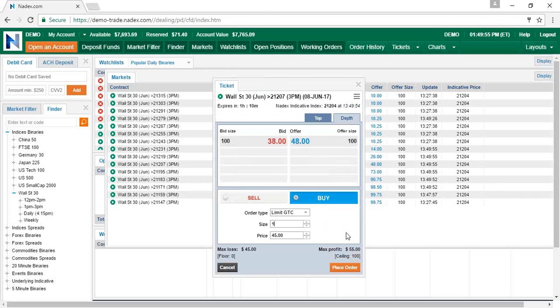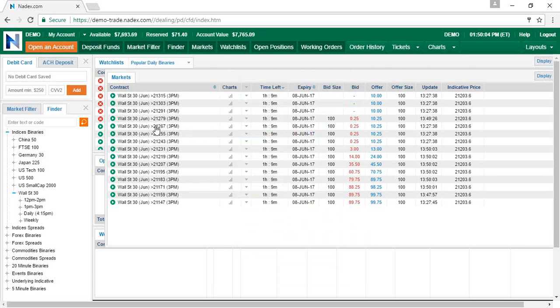Wrong. You binary traders understand that. Thank you, Reby. The price is different, right? Because it's what strike price am I buying and what price am I paying for it? That's going to determine what I make, correct?